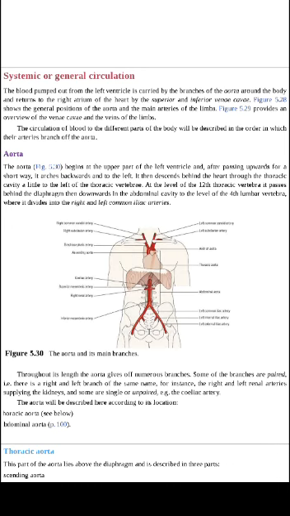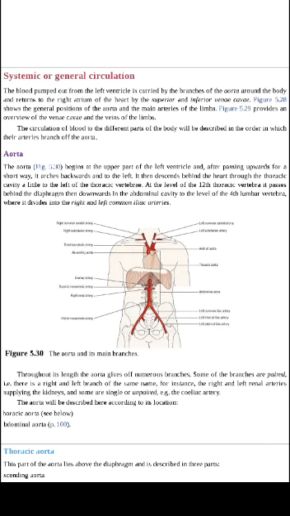Now the second part of the circulation is systemic circulation. Now we need this oxygenated blood to be transported to the whole of our body. So systemic circulation is also called general circulation. The blood pumped out from the left ventricle is carried by the branches of the aorta around the body and returns to the right atrium of the heart by superior and inferior vena cava.